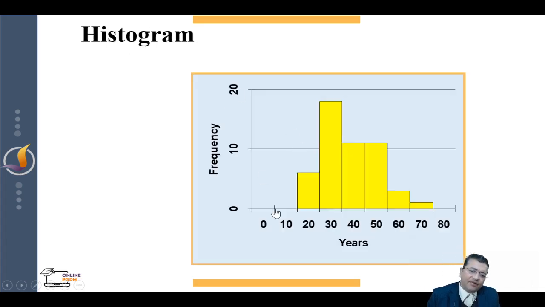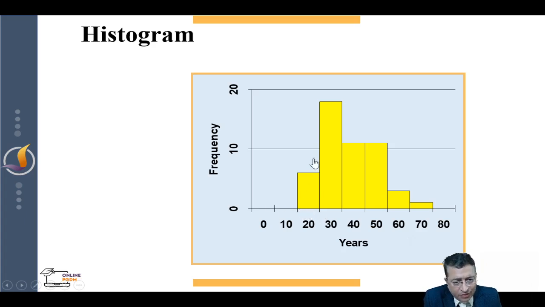And then finally use those classes as bins, and whatever is the number of observations in each class, that would be the height of the rectangle. Whatever is the frequency of that class, that would be the height. Width also matters, because width is nothing but the size of the class.